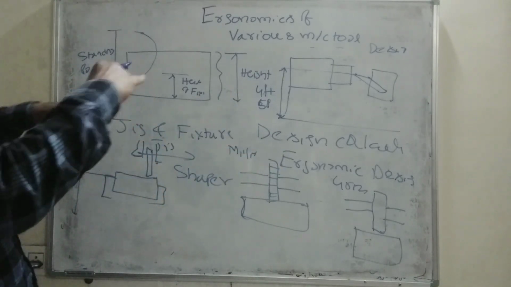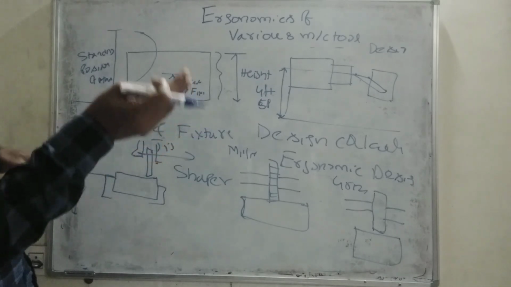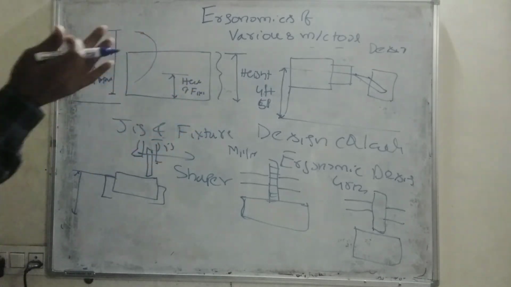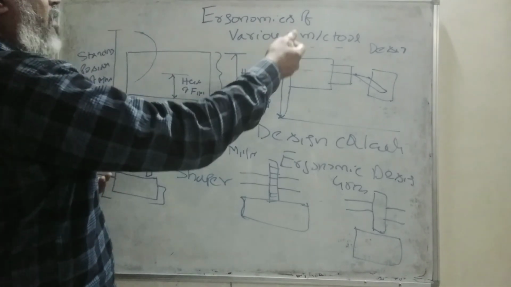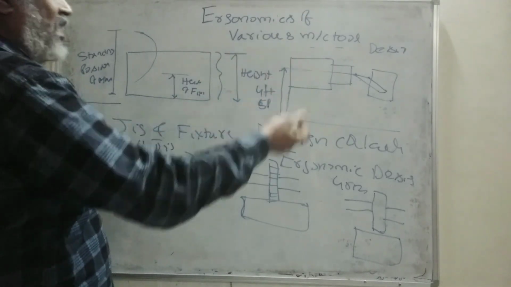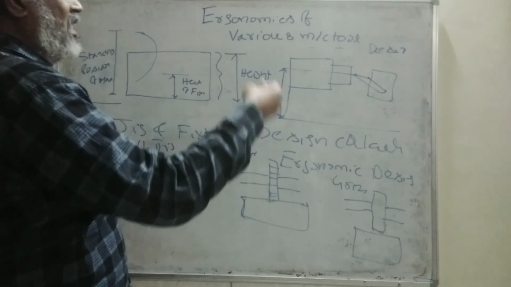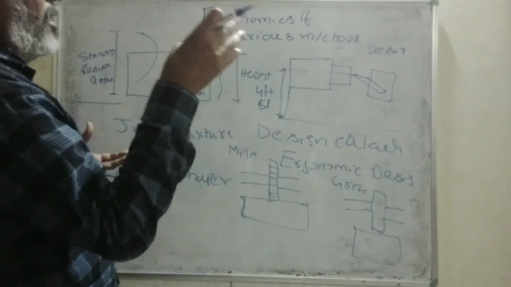The fixture height will be decided, and the machine tool design depends on the amount of load we apply to remove the material, for different types of materials like ferrous, aluminum, and brass.